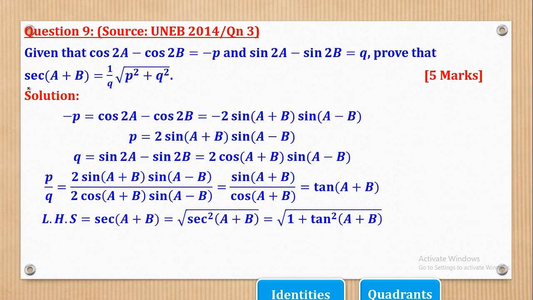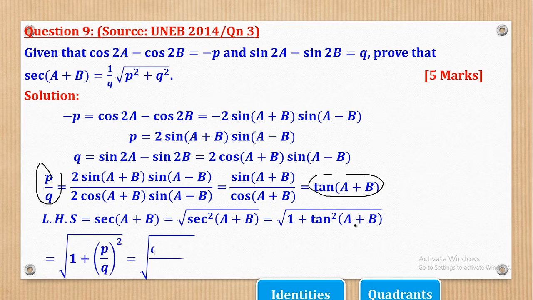Therefore, when I start with the left hand side, sec A plus B is the same as square root of sec squared A plus B. Now sec squared A plus B can be expanded to become 1 plus tan squared A plus B. So now I already know that tan A plus B is equal to P over Q, so I'll substitute for tan squared A plus B to come up with that.